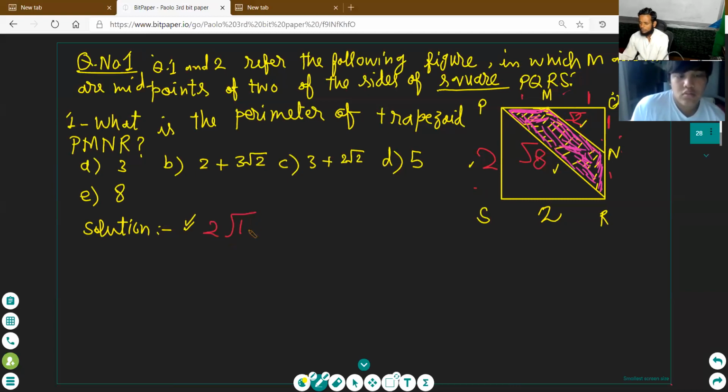P is equal to. You should add all sides. 1 plus 1, plus 1 plus 1, plus 2 plus under root 8, under root 2. What is the answer?